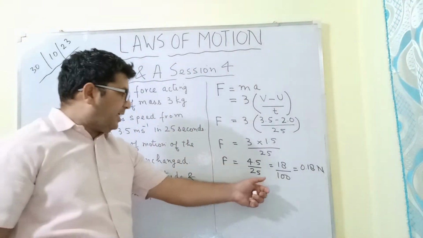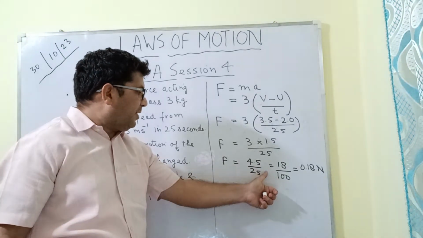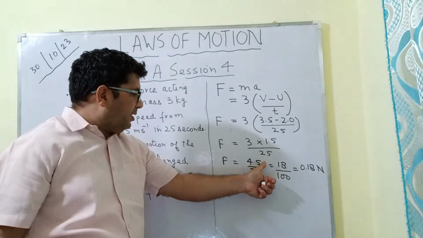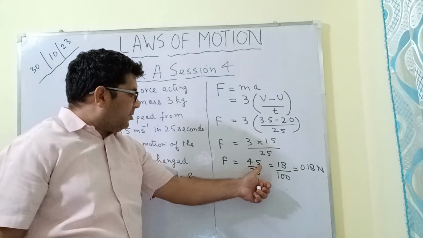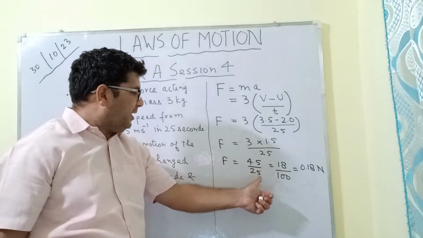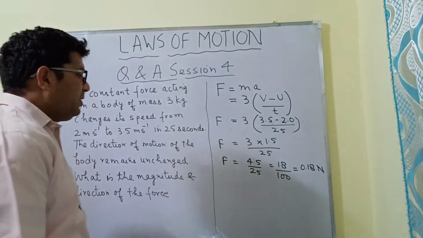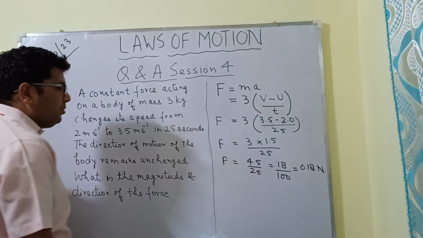What I have done here is that I have multiplied the numerator and the denominator by 4. So if I multiply the numerator by 4, we get 4.5 into 4 is equal to 18, and the denominator is equal to 100.